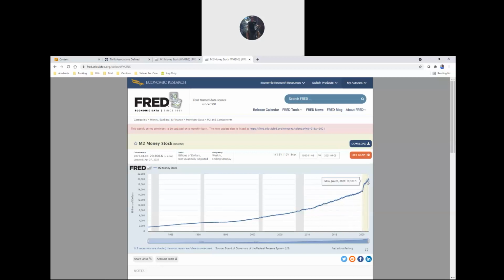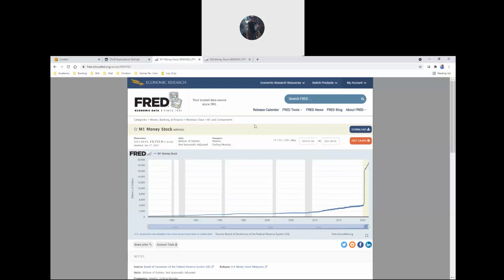It's pretty surprising what's happened to these metrics because I've taught this class for a number of years, and it's only since the last year that this crazy stuff has happened. Normally I would show this graph and it kind of goes like this, but here's the big change, and you can especially see it with the M1 right there.